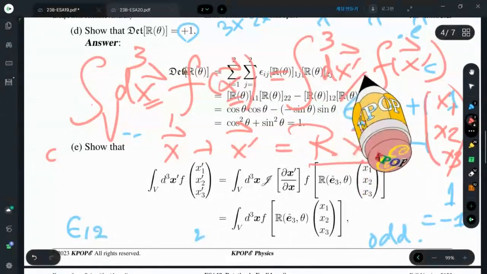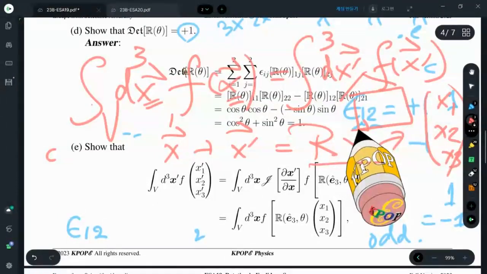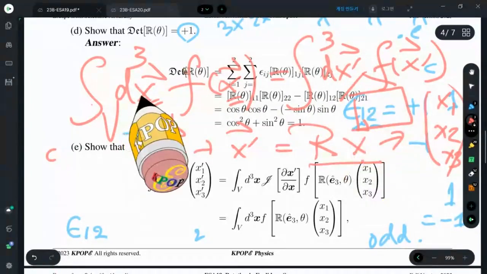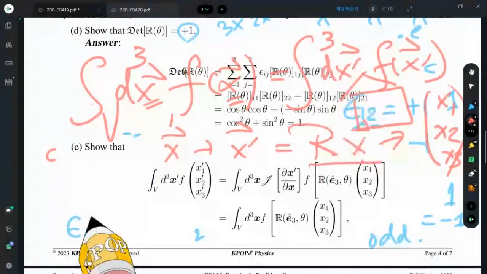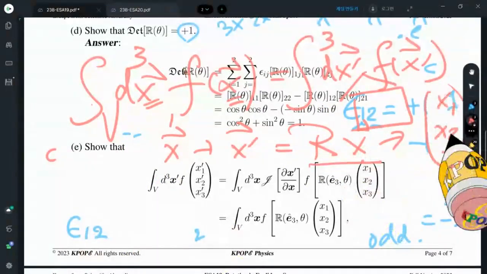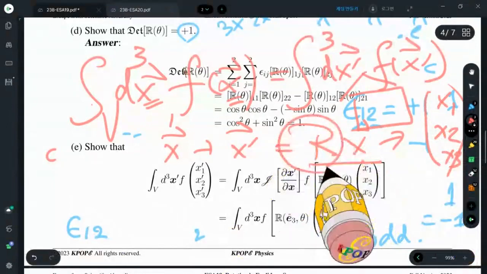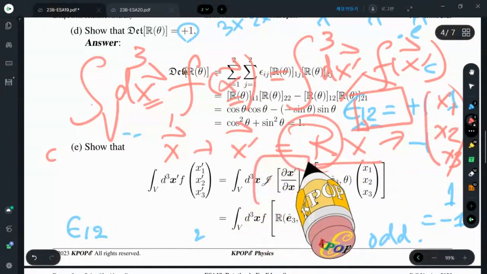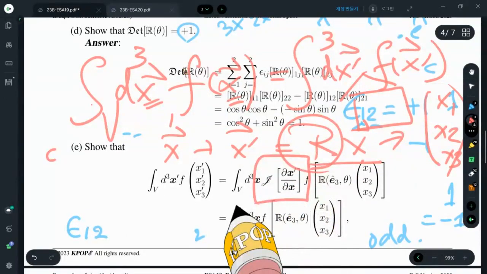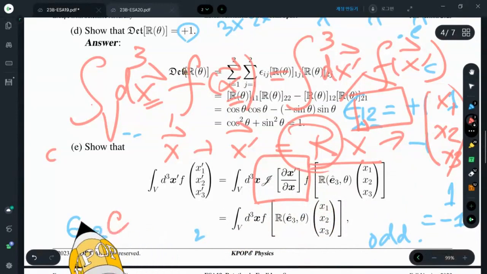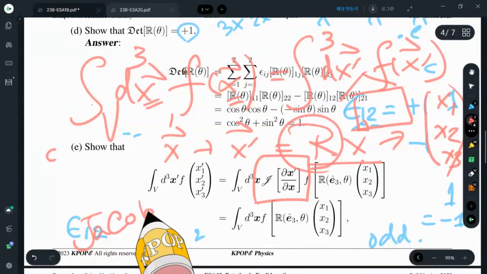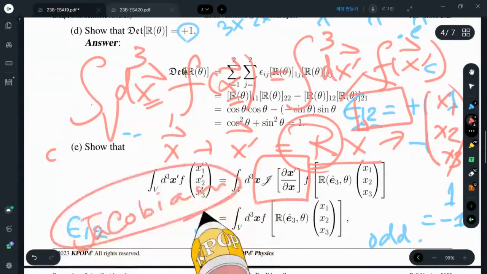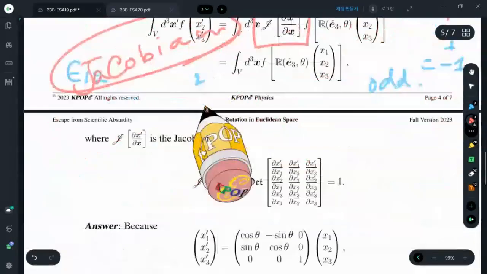What should I do? There is an overall factor because I need to consider the transformation of components according to the rotation matrix. That is nothing but this, that is called the Jacobian. The Jacobian is what?